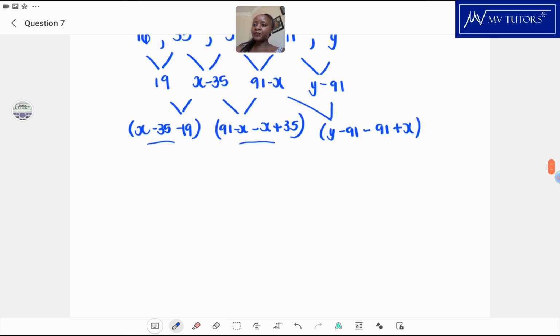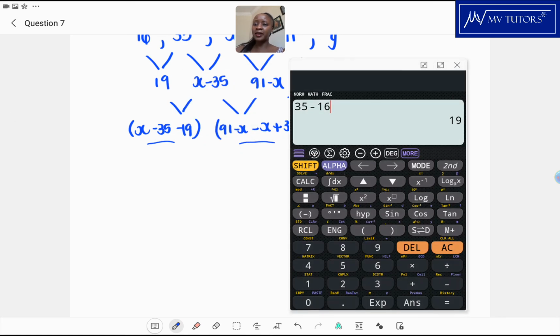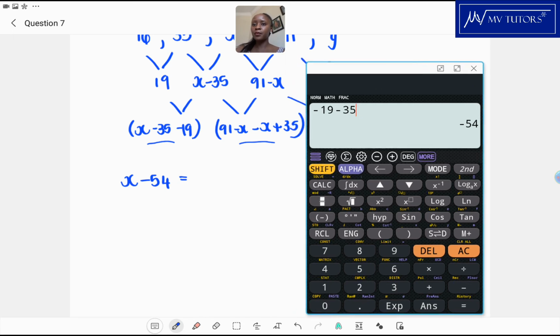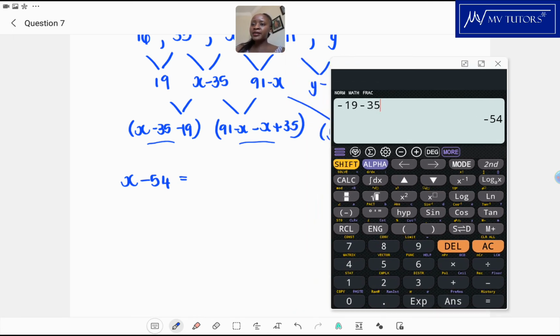Firstly, what is negative 35, negative 19? Let's just get that out of the way. Negative 19 minus 35, that's negative 54. So I have x minus 54 is equal to, what do I have here? 91 plus 35. What is 91 plus 35? That's 126. So 126 minus 2x.